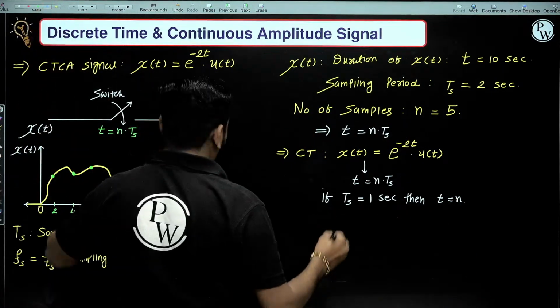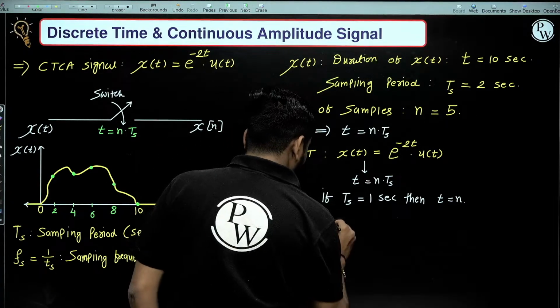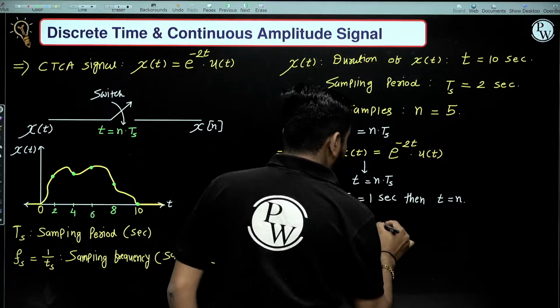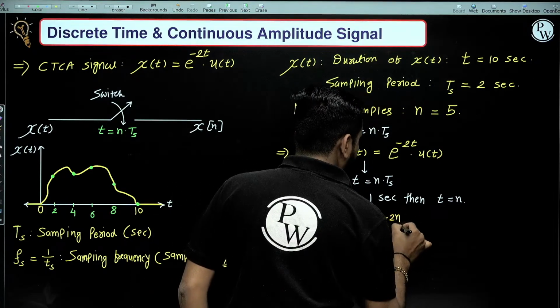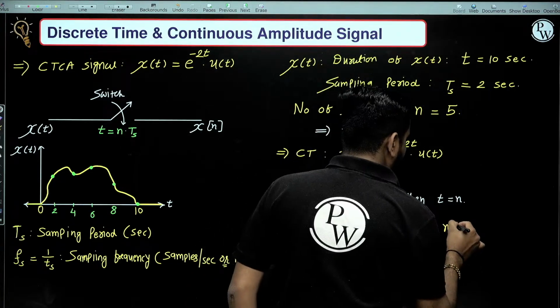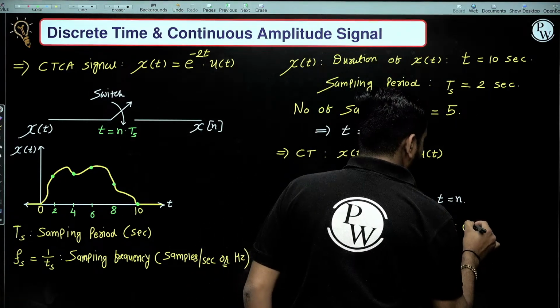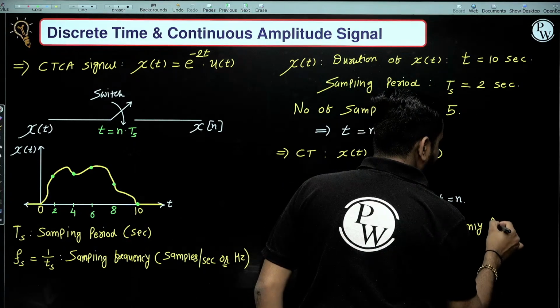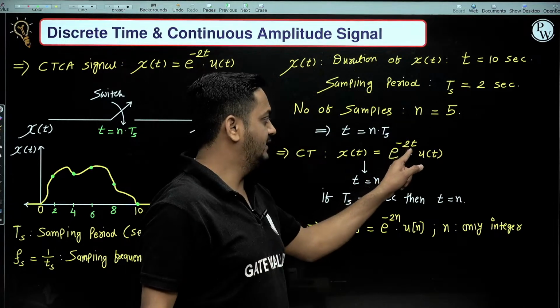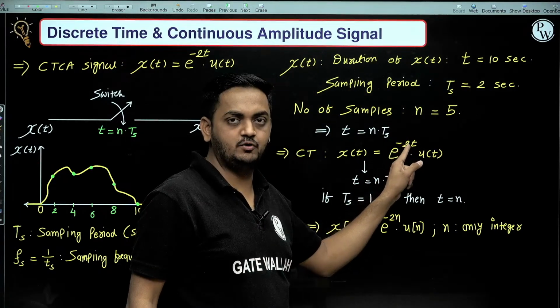But n is an integer value, guys. Then here x of n will be e to the power minus 2n into u of n, with only integer values of n. The t in the continuous signal can be integer or non-integer, so you get the amplitude at any instant of time.